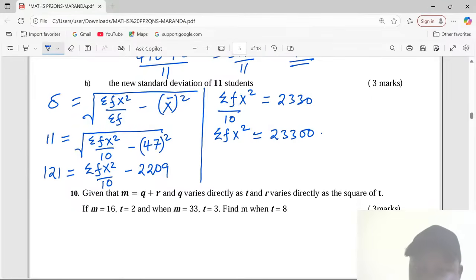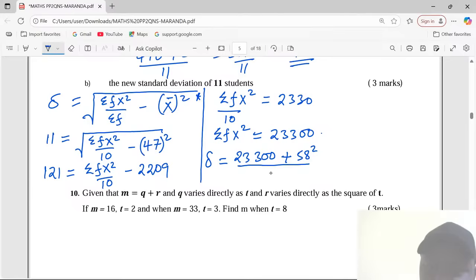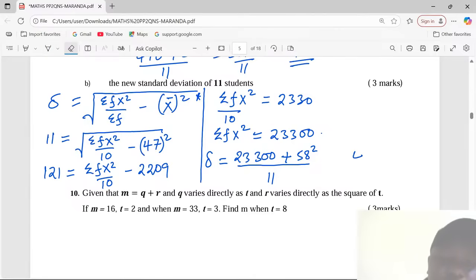Now they are becoming 11, and we know the mean. And we can also get the new sum of f of x squared. So the new standard deviation shall be, according to the original formula here, look at this formula, 23,300 we add 58 squared, out of the sum of f, which is 11 now, minus the new mean score squared.